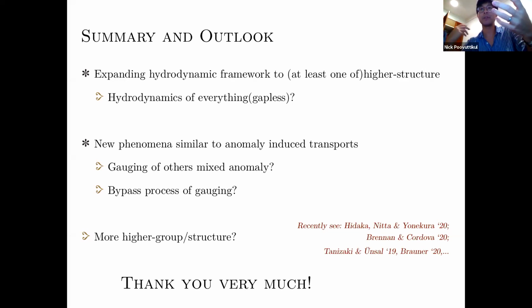Instead of having one symmetry, gauging it and arriving at something else, can we just bypass that process and say, what you have after that is this global symmetry. It can be a category, it can be a higher group, it can be a group, it doesn't matter. But we have a hydrodynamic version for doing those things. And that is pretty much all I have to say.